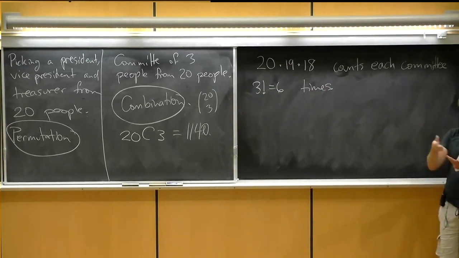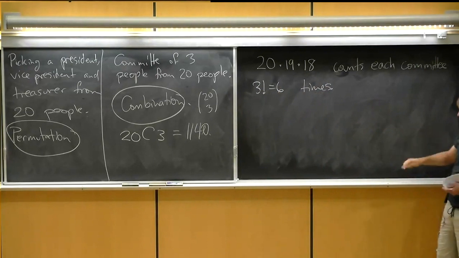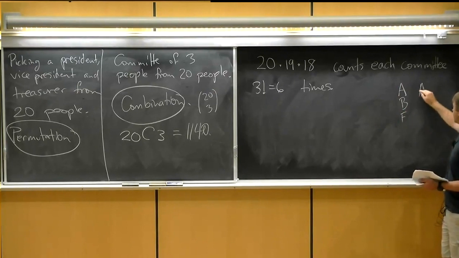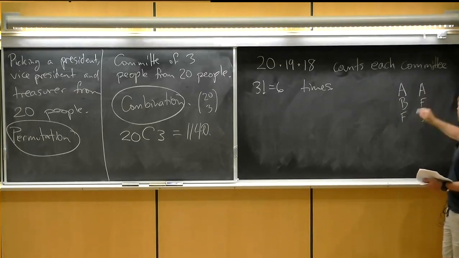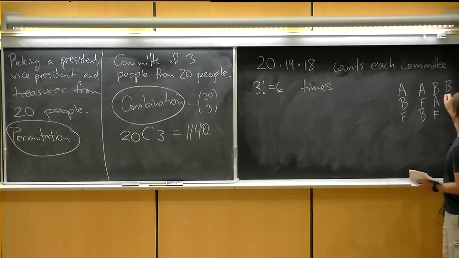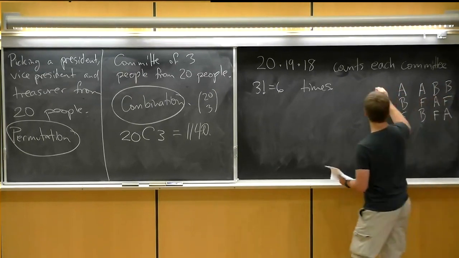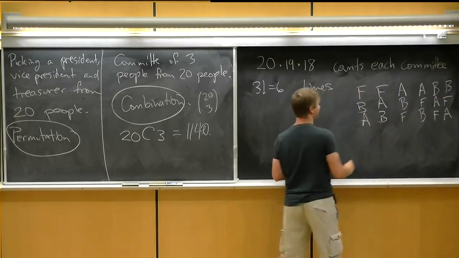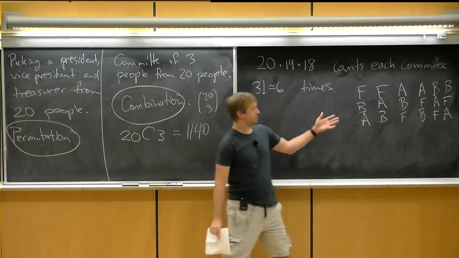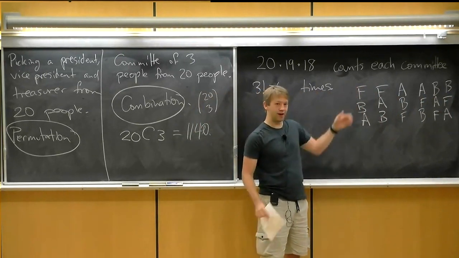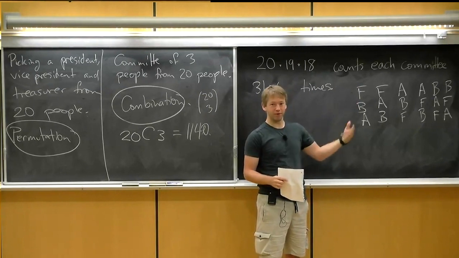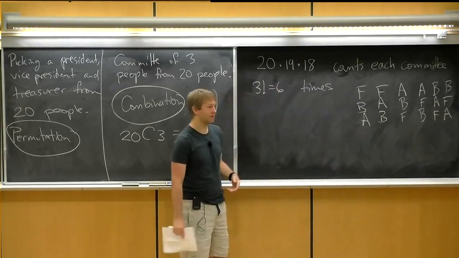Because the committee, let's say Alice, Bob, Fred, was counted as Alice, Fred, Bob; Bob, Alice, Fred; Bob, Fred, Alice; Fred, Alice, Bob; Fred, Bob, Alice. So for every permutation of the letters A, F, and B, this committee was counted that many times.